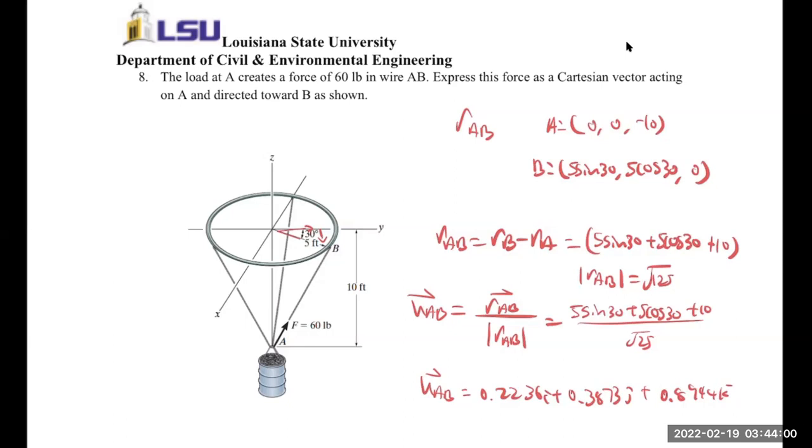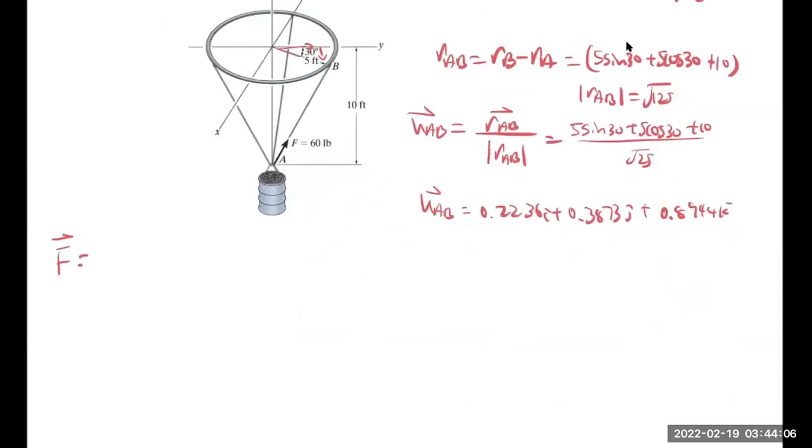Okay, next thing, we need to express the force in the Cartesian vector form. So force vector equals the force magnitude, which is 60 pounds right here, multiplied by UAB.